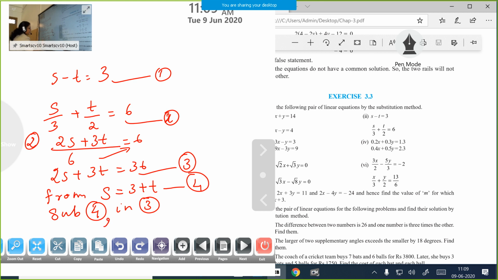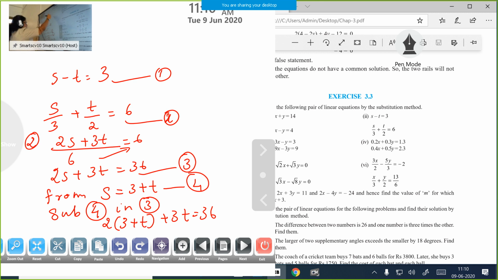That is 2 into, instead of s you write 3 plus t, plus 3t is equal to 36. Substituting the fourth equation in the third, s is equal to 3 plus t, that is 2 into (3 plus t) plus 3t is equal to 36.